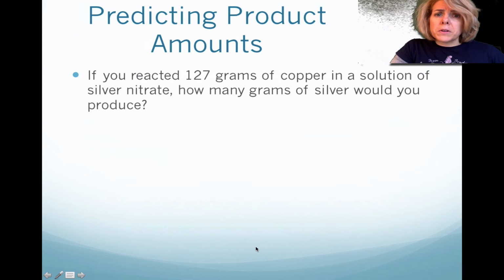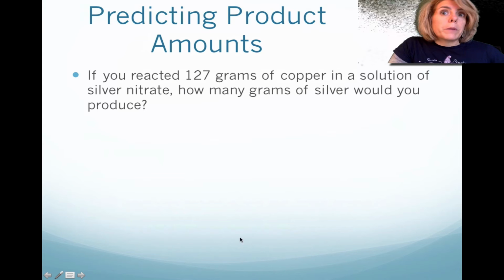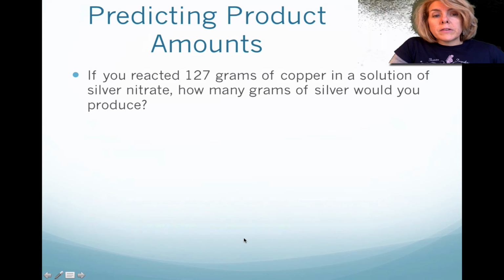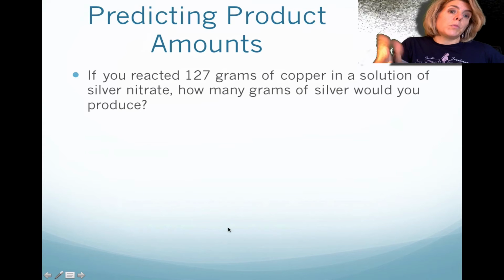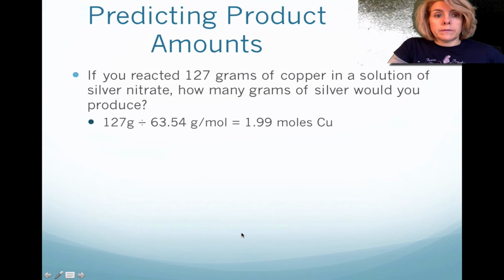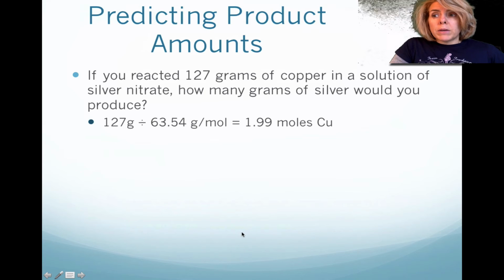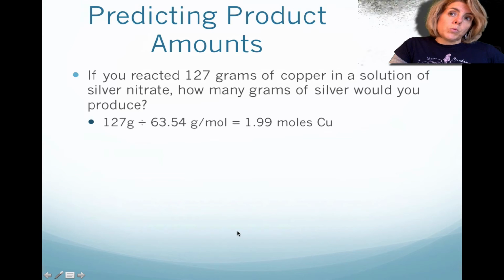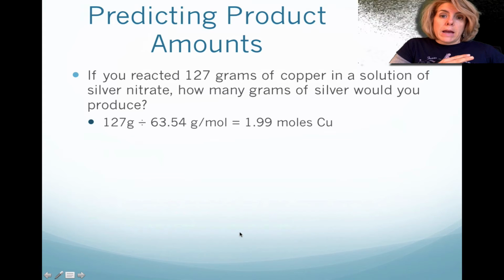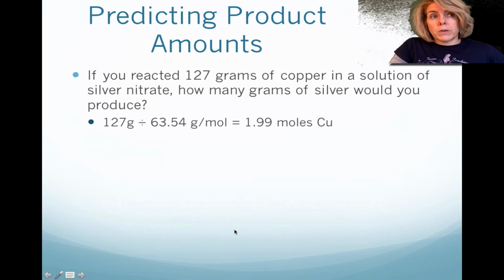Okay, so here's another situation where we want to predict our product. So they tell us that we have 127 grams of copper, and if we added it to silver nitrate, they want to know how much silver could we produce from that. So the first thing that we have to do is we can't compare apples to oranges. We have to take the copper and first convert it from mass of copper into moles of copper.